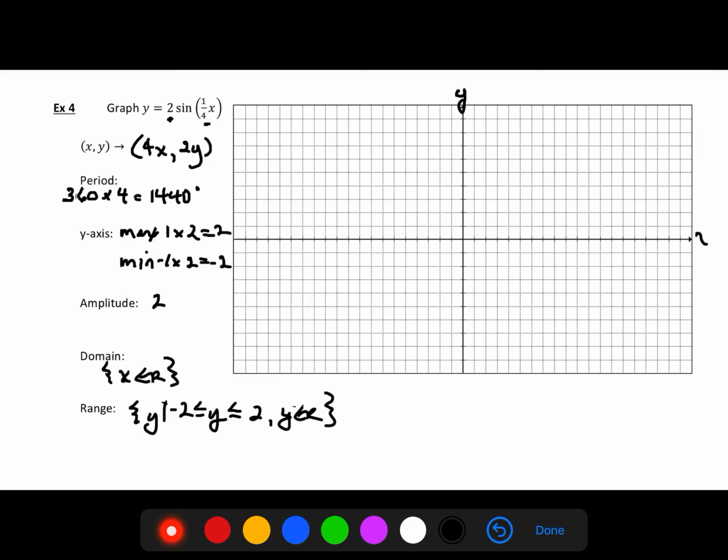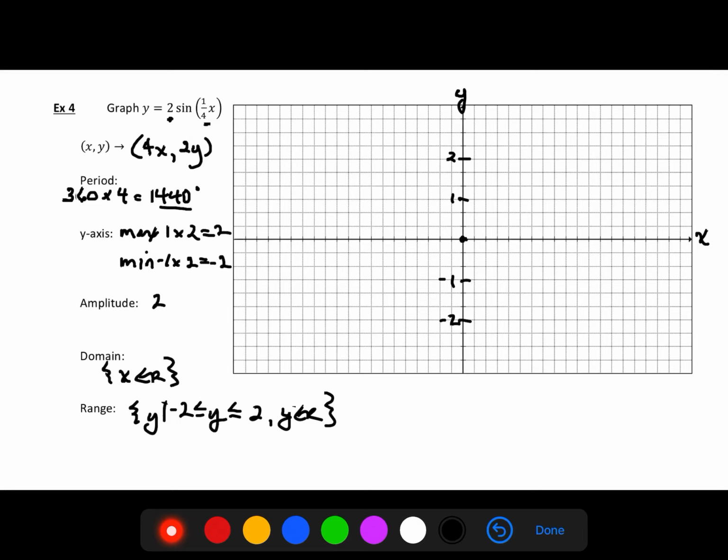So we're going to have y, x. We know we need to go up to 2 and down to -2. Since we're going 1440, we're still going to have key points at regular intervals.